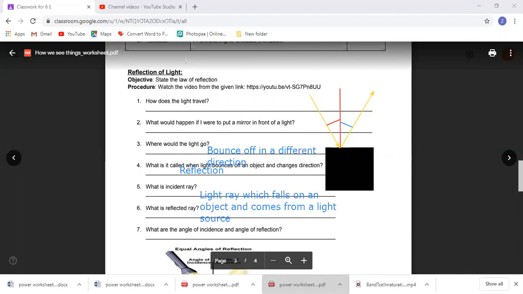I hope you do understand this. So I'm going to call this the angle of reflection, and this one is the angle of incidence.